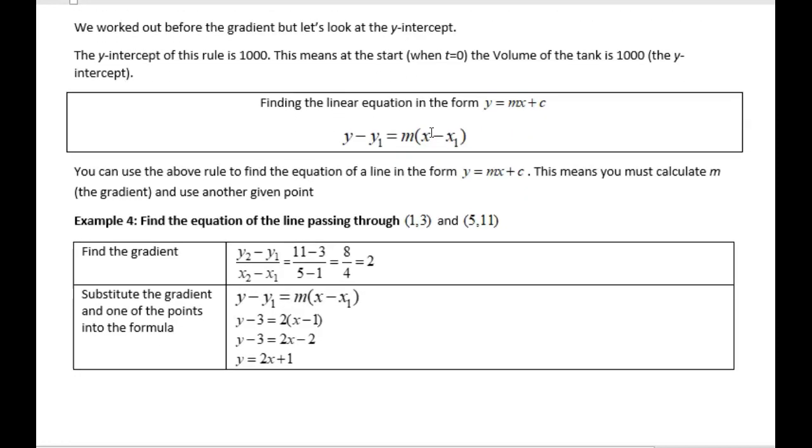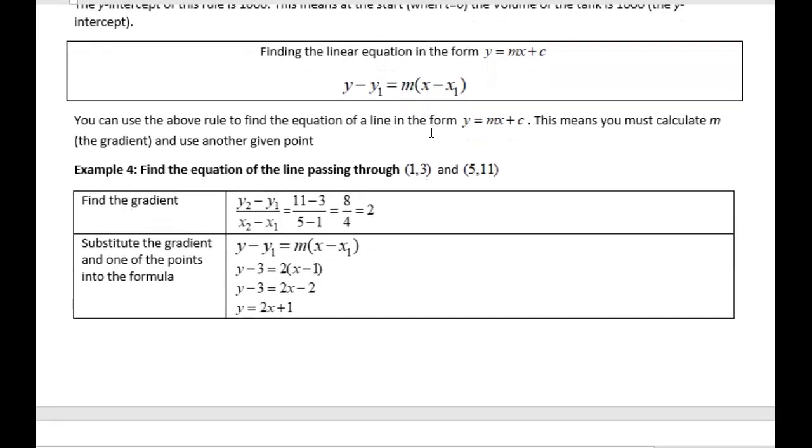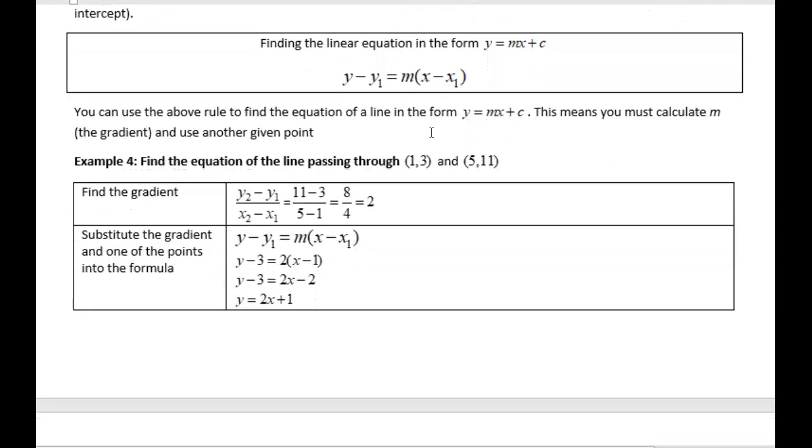Now, finding the linear equation in the form y equals mx plus c. There are really 2 ways you could go about it. So I'm going to show you this way first of all, and in the future I will show you the other way. This rule here allows us to substitute in the gradient, so you can see there m, and a point on the line.